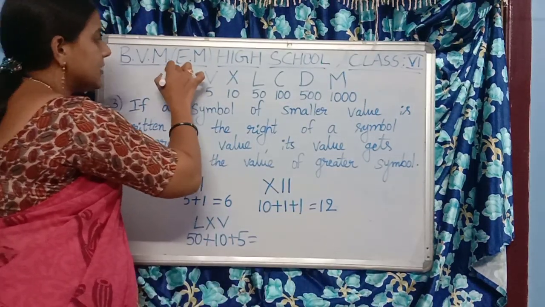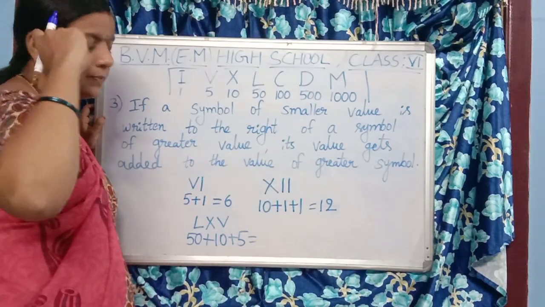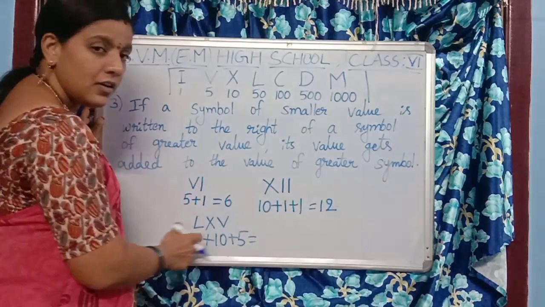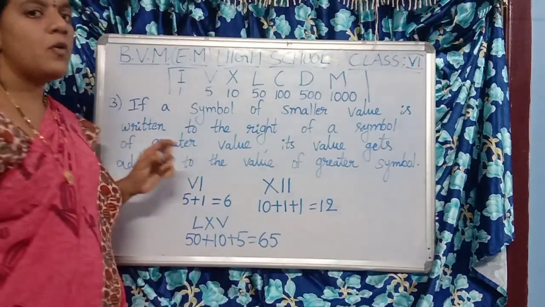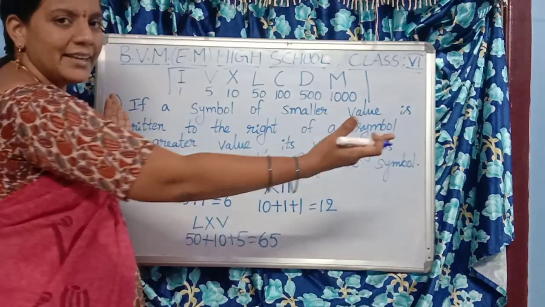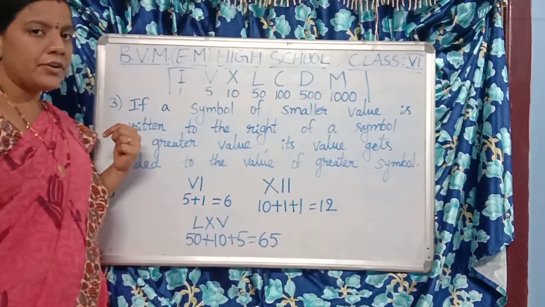These 7 symbols we have to keep in our mind. 50 plus 10 plus 5, how much? 65. If a smaller symbol is written on the right side of the greater symbol, it should be added. Okay, this is the third rule.